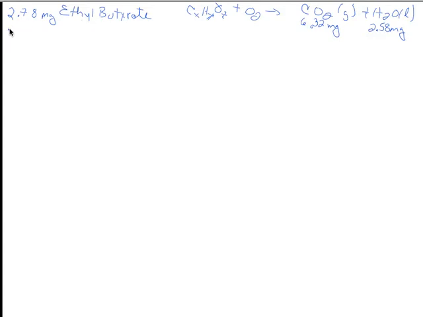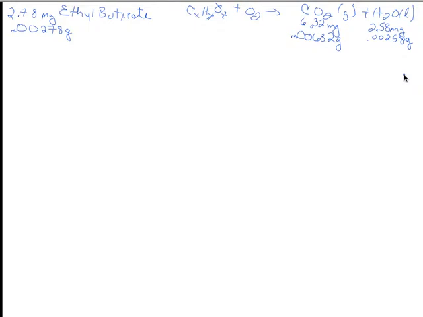Converting those milligrams to grams, we would have 0.00278 grams of the ethyl butyrate, 0.00632 grams of carbon dioxide, and 0.00258 grams of water. We're asked to find the empirical formula of ethyl butyrate.